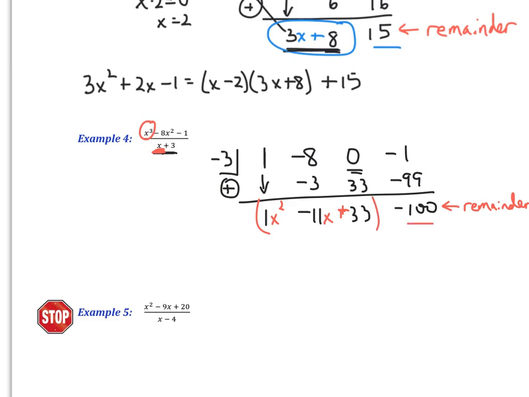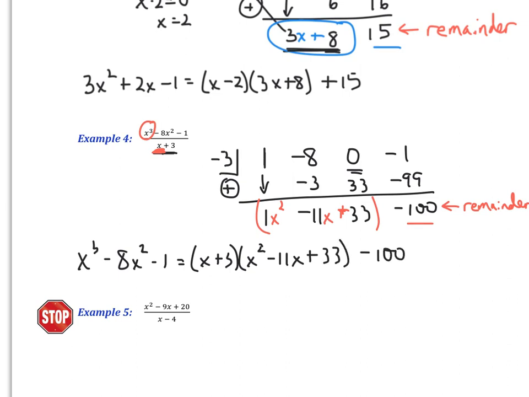So I've got x to the third minus 8x squared minus 1 is equal to x plus 3 times x squared minus 11x plus 33, and then minus 100 for my remainder.